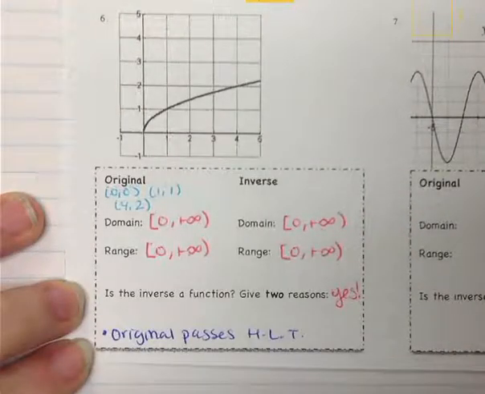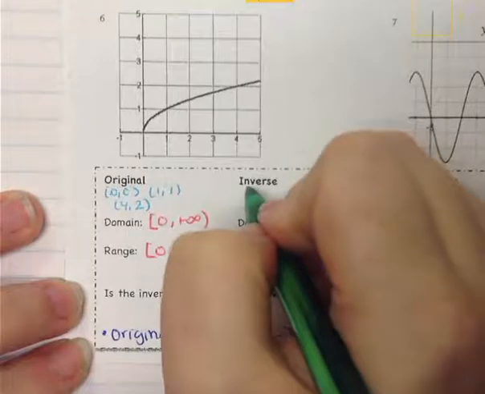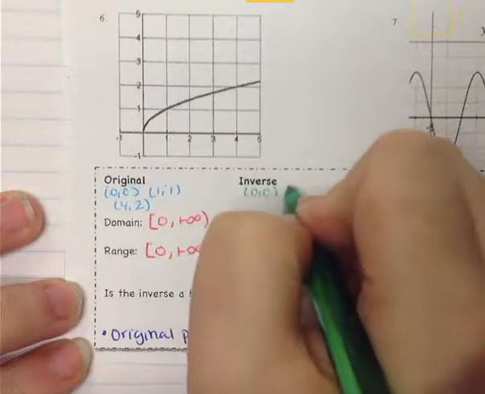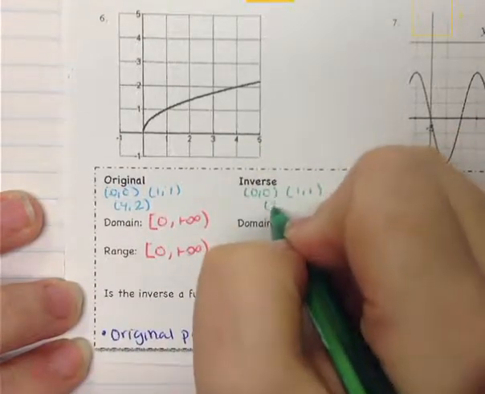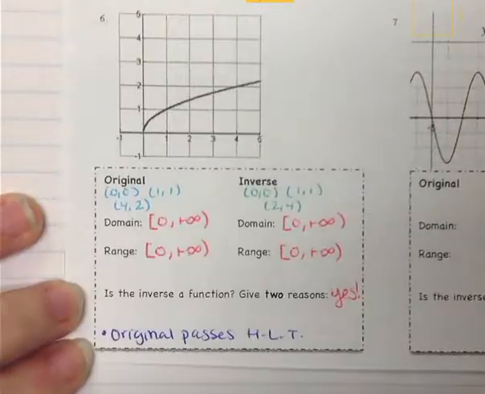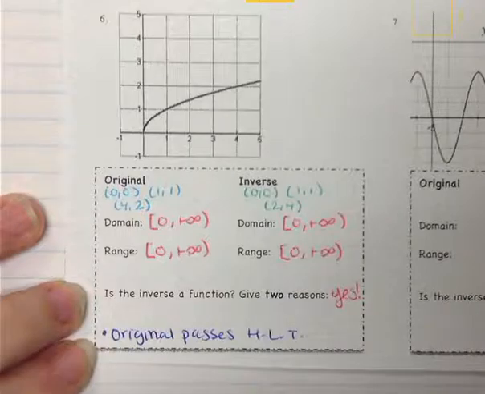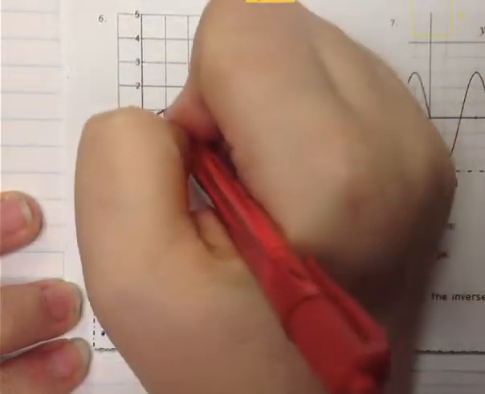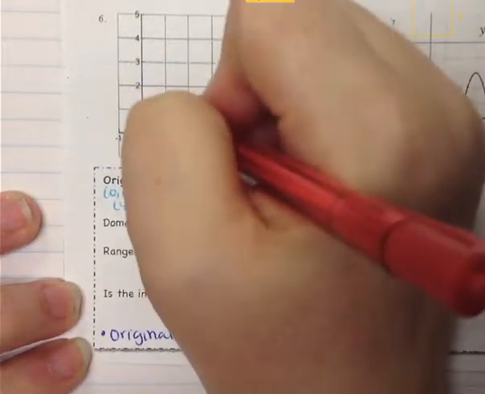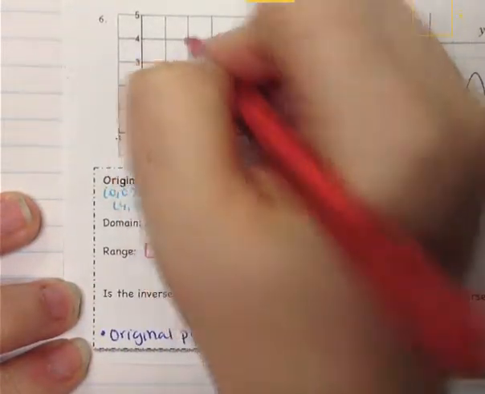For the inverse, if we flip those, we'll have 0, 0, 1, 1, but then we'll have 2, 4. We're going to graph 0, 0, 1, 1, but then we're going to graph 2, 4, and then we can connect them.